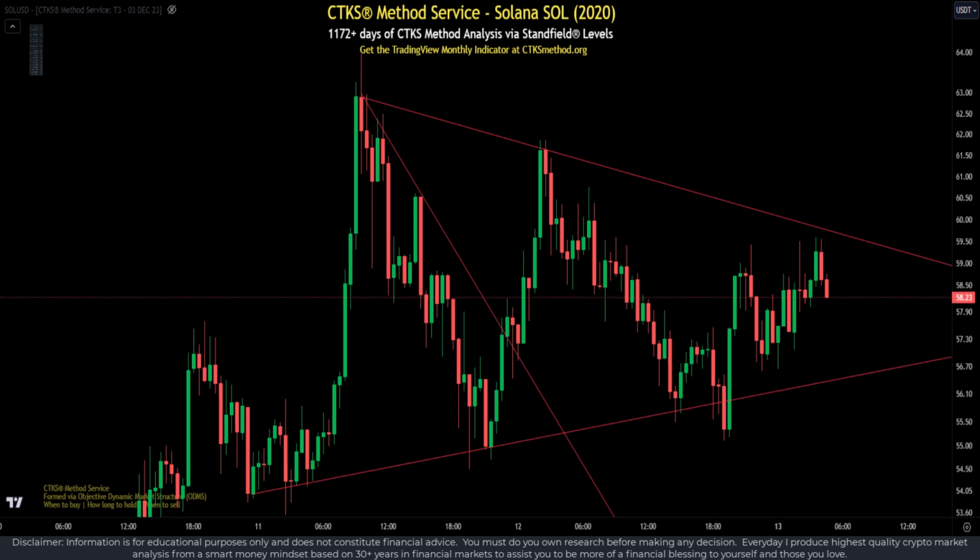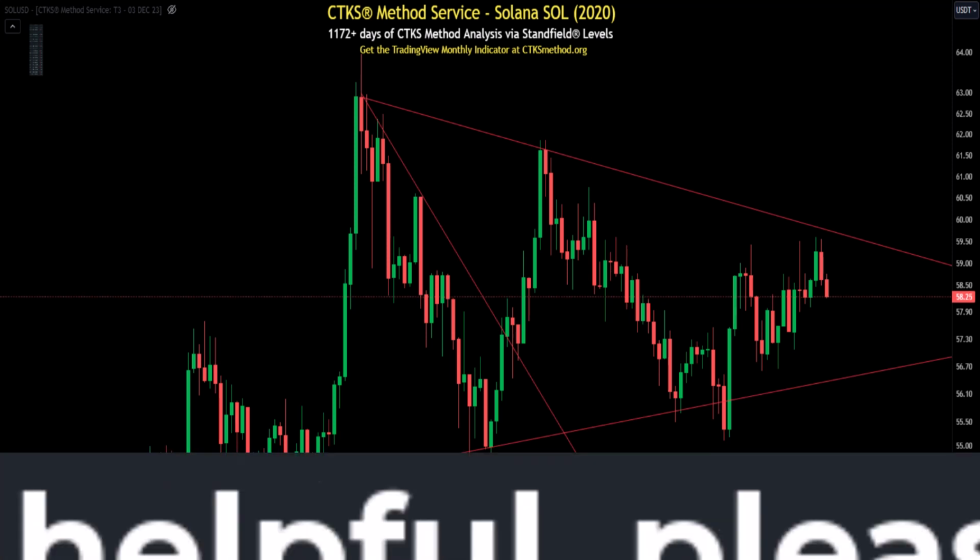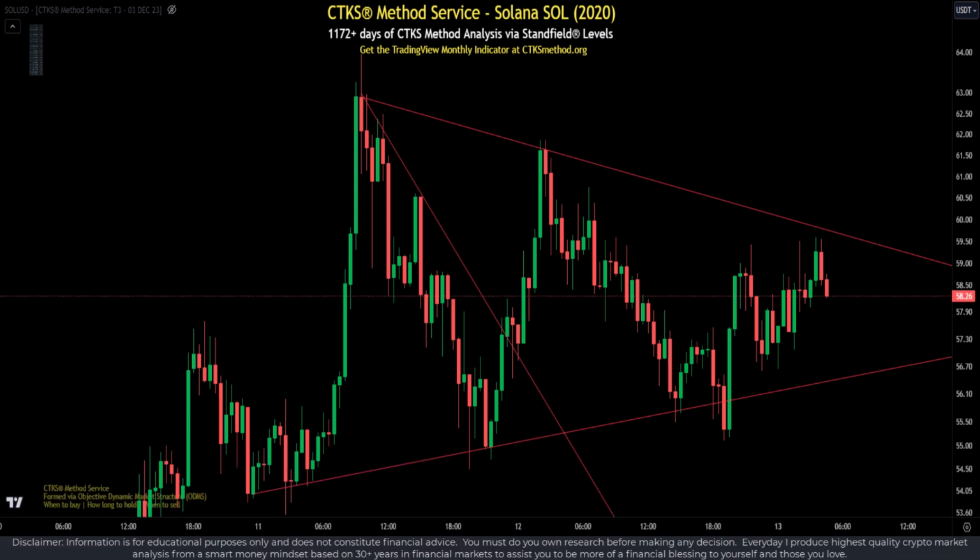What is a fresh air gap? That is a methodology that's employed by the CTKS method. It reveals where no structural resistance or no structural support exists. In those areas, price can move very quickly upwards or very quickly downwards. They're vital to understand and to know about.